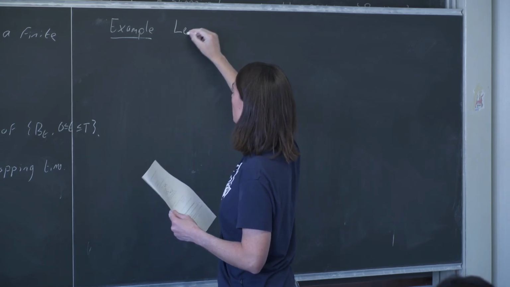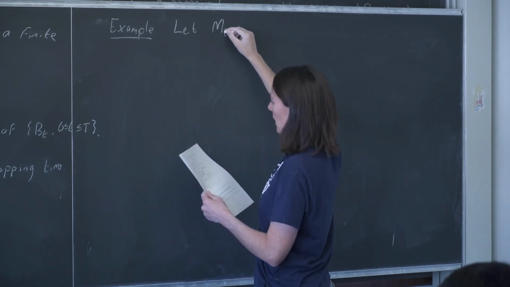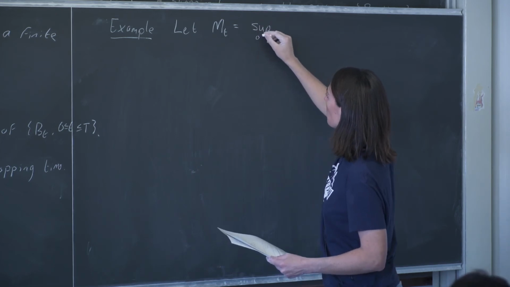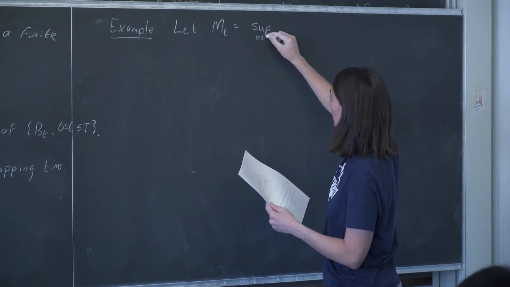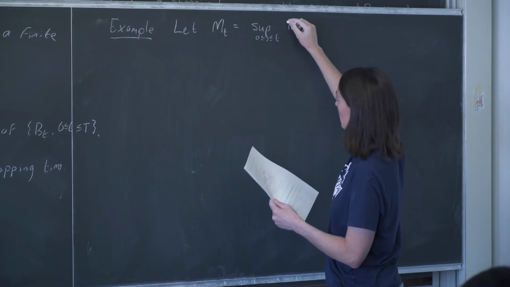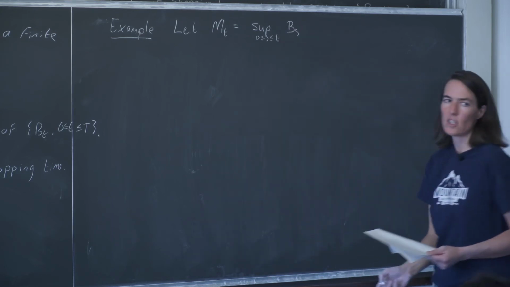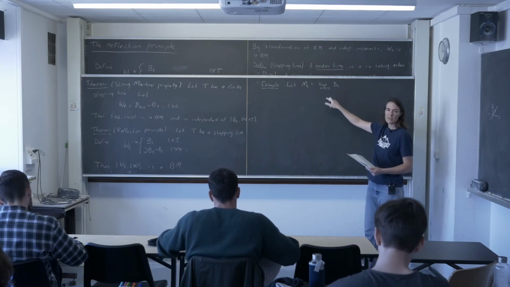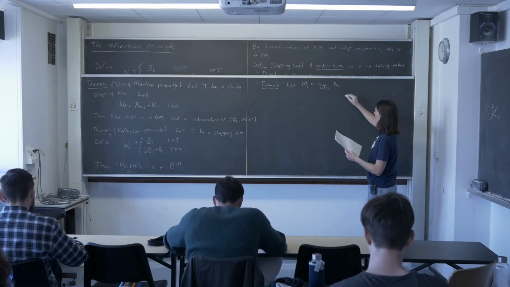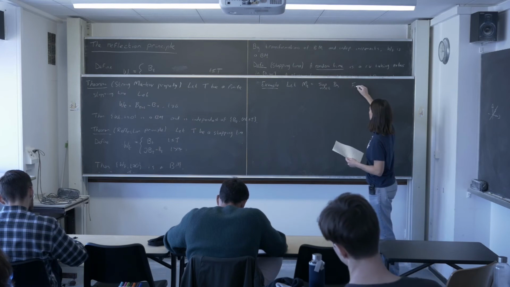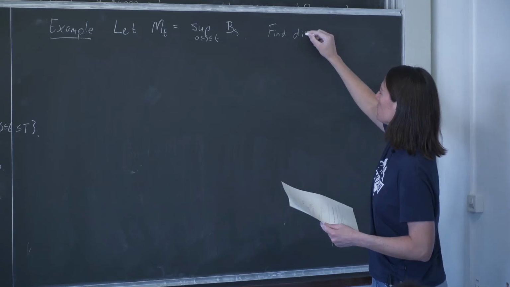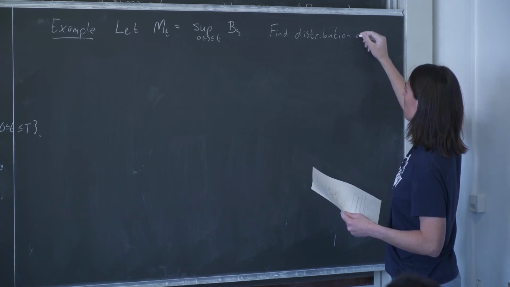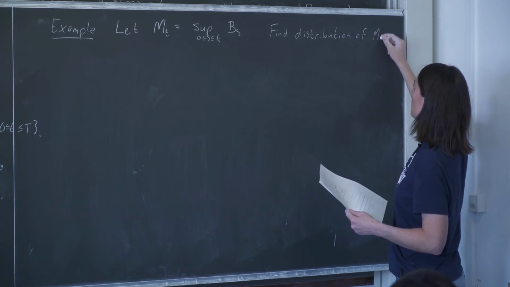Let M_t be the supremum over 0 less than or equal to s less than or equal to t of B_s. This is the maximum value taken by Brownian motion up to time t. What I want to do is find the distribution of M_t.